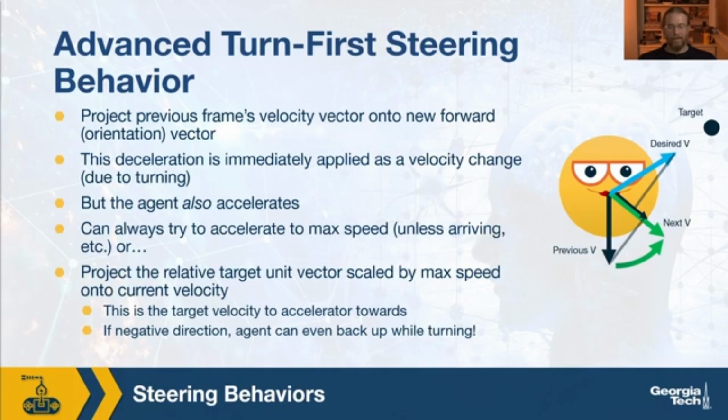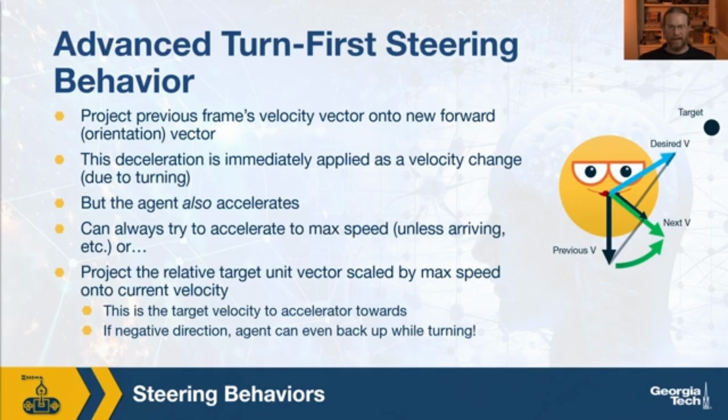You can even make this work a bit like a car that's driving. When you perform the projection, if it's a wide enough angle, you'll actually be projecting onto the negative direction of the vector, and therefore you can have the agent go backwards.